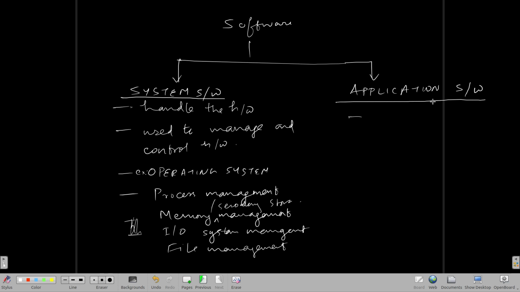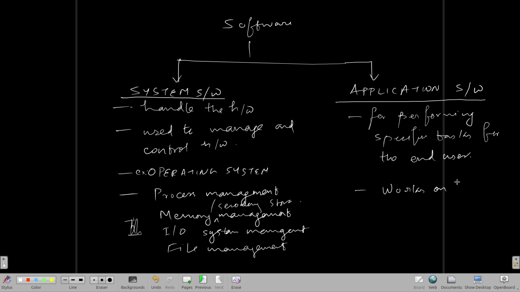So the function of application software, how you can say this classification, is that it is used for performing specific tasks for the end user. Right. The other thing you have to remember is it works on top of system software.